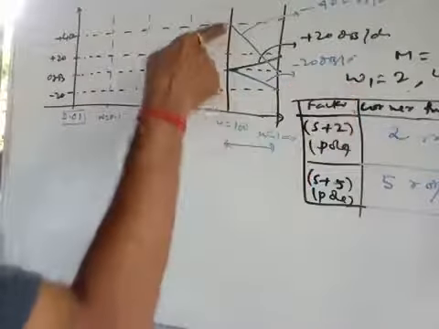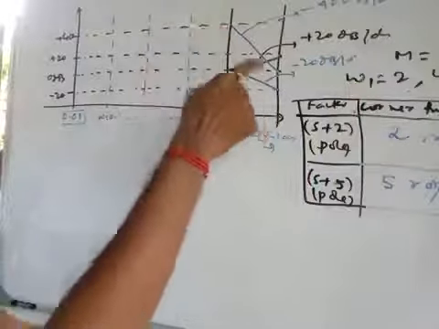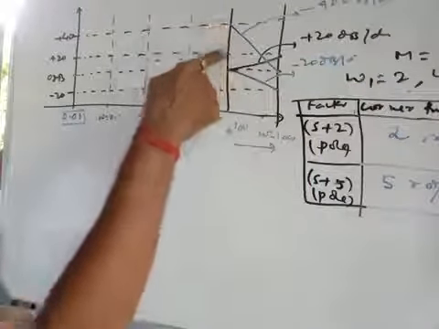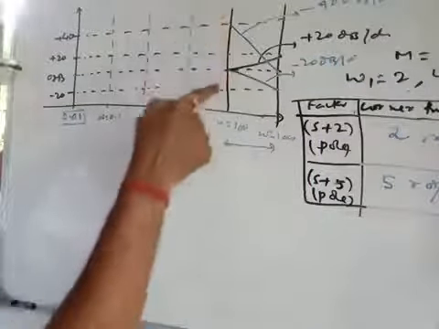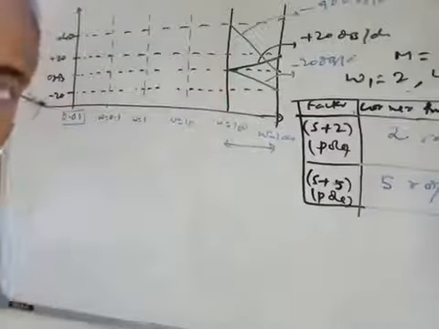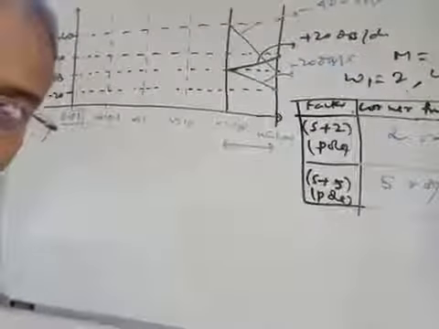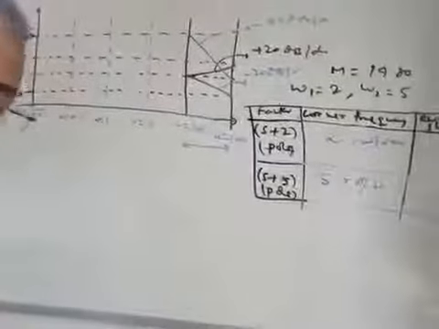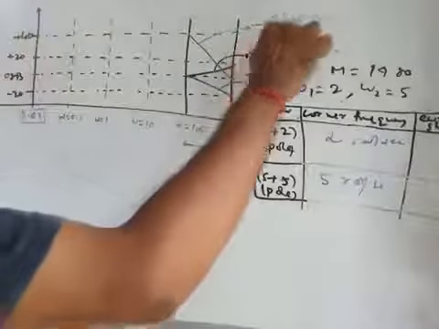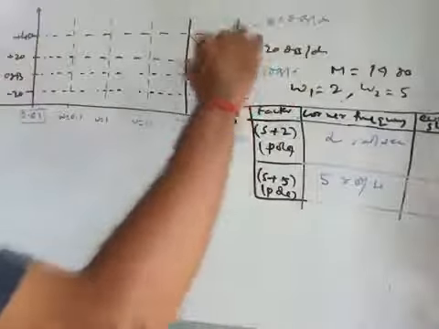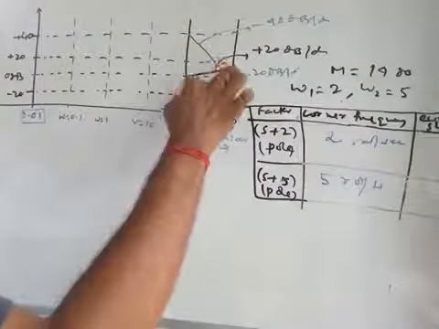Again I am saying this is plus 40 to 0. So this is downward again. Plus 40 to 0 means minus 40 dB total change, right? That means this slope is minus 40 dB per decade. And this is 0 dB to plus 20 dB.